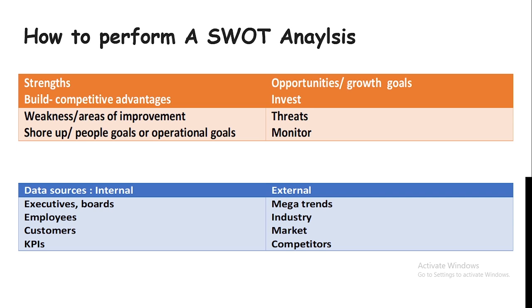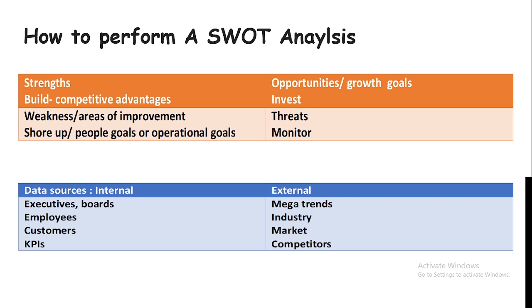When you have jotted down your strengths, some of the data sources you can use to understand your strengths and weaknesses include feedback from your executives and boards in terms of your leadership. Is it a strength or a weakness?